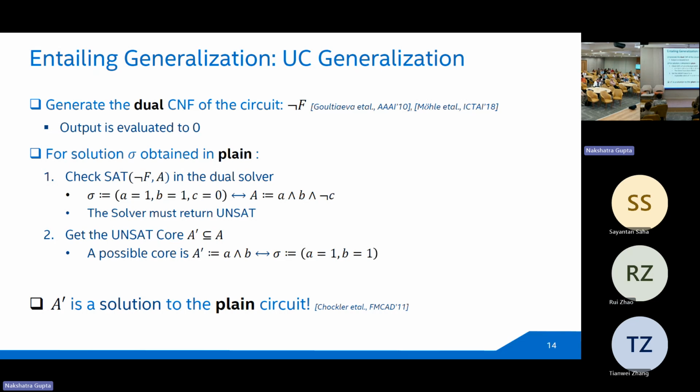So of course, it is not a solution to the dual circuit. After the solver returns unsat, we can get the unsat core. So a possible core here is, for example, A and B, which is equivalent to A is 1, B is 1. And the unsat core here is guaranteed to be a solution to our plain circuit.